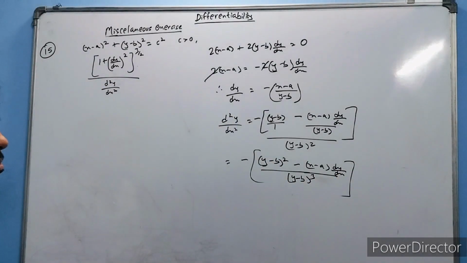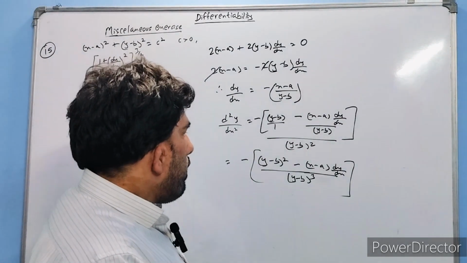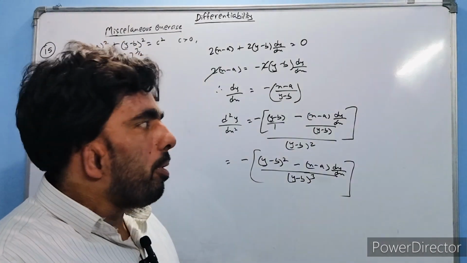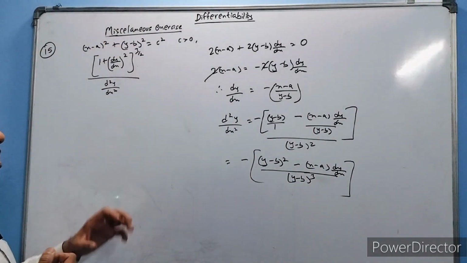Now we'll try to find it. We have dy/dx and d²y/dx², and we'll put both values here.